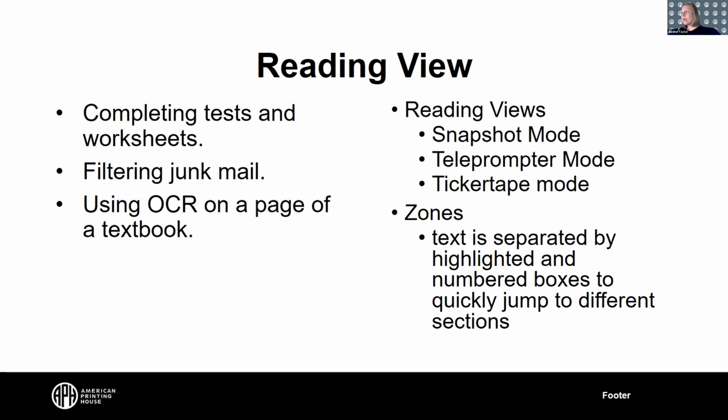The ticker tape mode shows the text one line at a time. And there's also a view where you can put it into zones, where the text is highlighted and separated by numbered boxes, so you can quickly jump to different sections of your document.